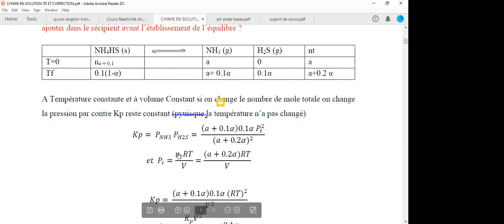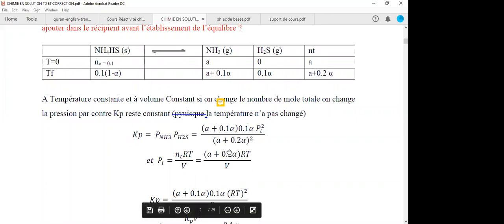And then number of moles total, I have replaced with R plus 0.2 alpha. Meaning that here I have replaced where there is a number of moles total with this one. So when I replace, I will square this one.